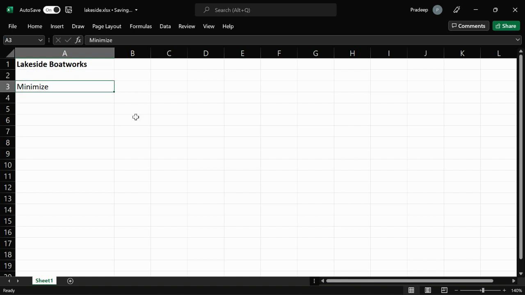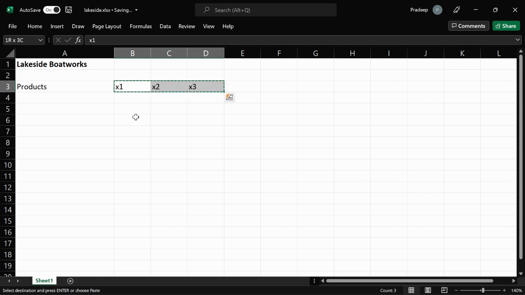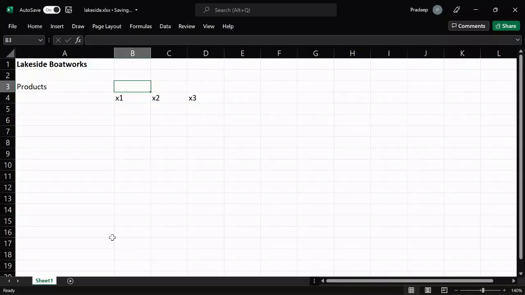Now here, let me write production or products. Okay, so what are the products? The products are x1, x2, x3. And in fact, let us give names to these products. Here we have bass boat, ski boat, and speed boat.